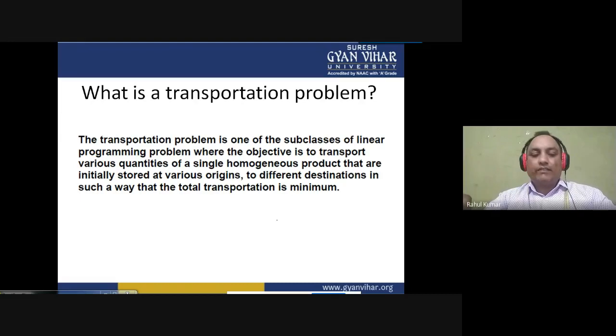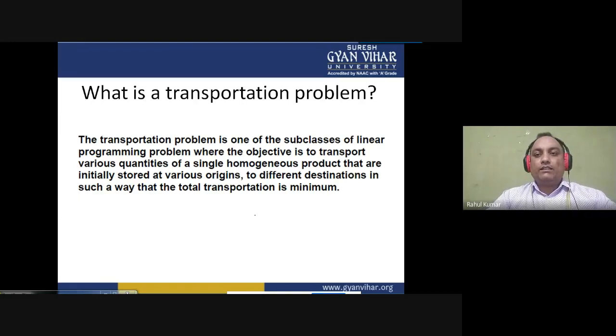Means the destination is divided into sub-stations or sub-routes also, just like different types of wards are present in a city, and this type of problem is very typical in the transportation method, right?